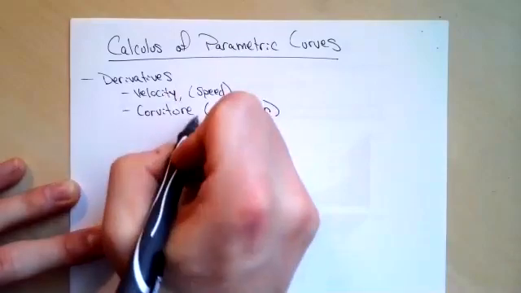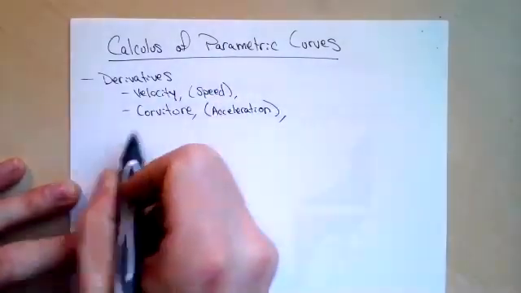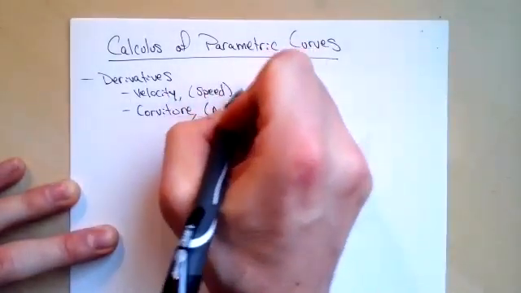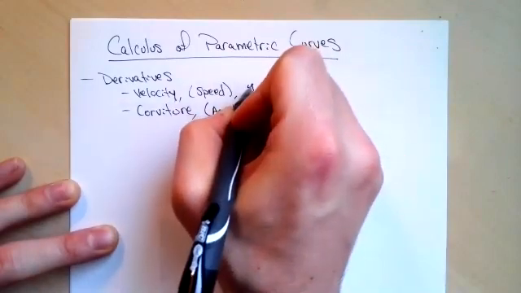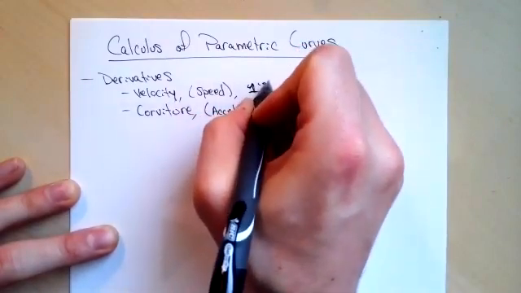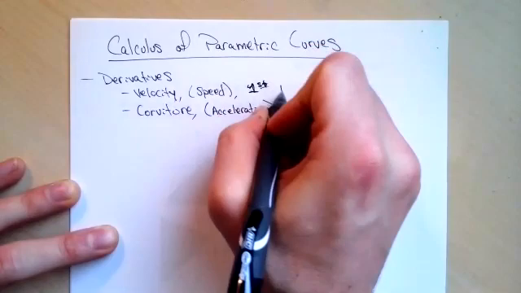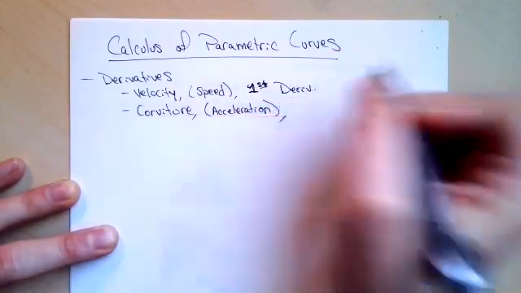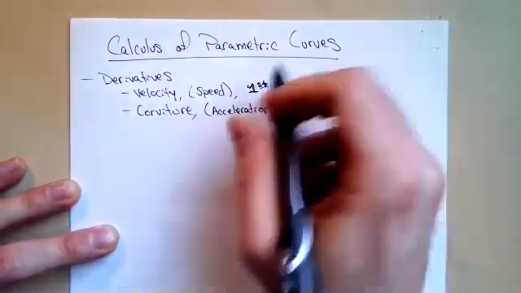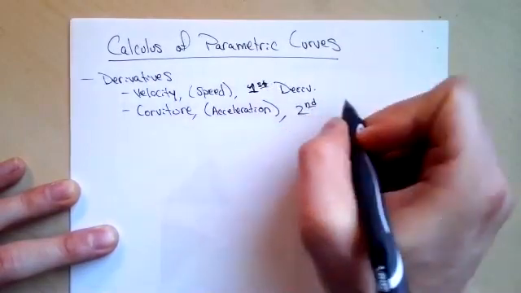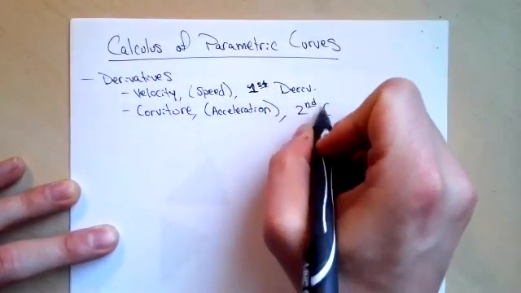And I guess if we're going to keep our lists going, what else do we get from velocity and speed? This is all first derivative. And curvature, acceleration, concavity, all comes from our second derivative.